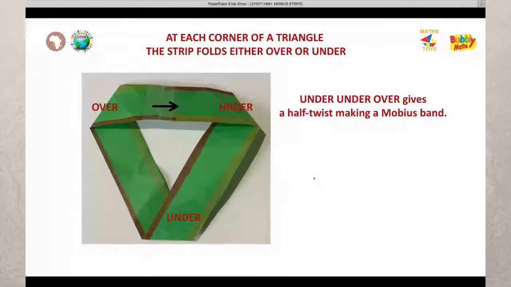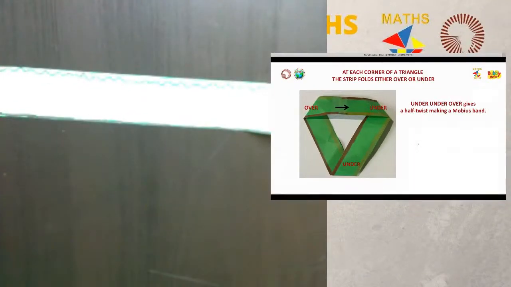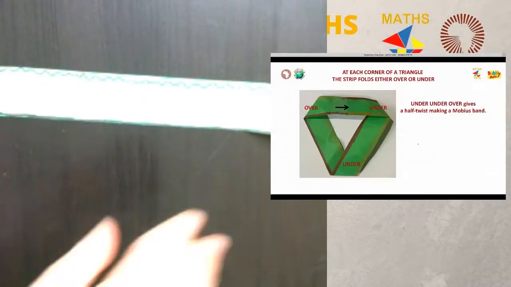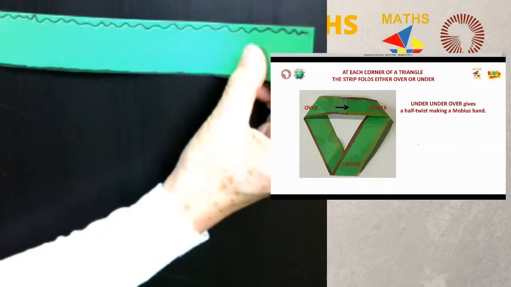Now, here's another way of making a Mobius strip. If you take a strip and make it into a triangle, and this is not joined together yet, fold under at one corner of the triangle. Shall I demonstrate it, Toni? Yes, do show us, Caroline. So I don't have a triangle, I have a strip.